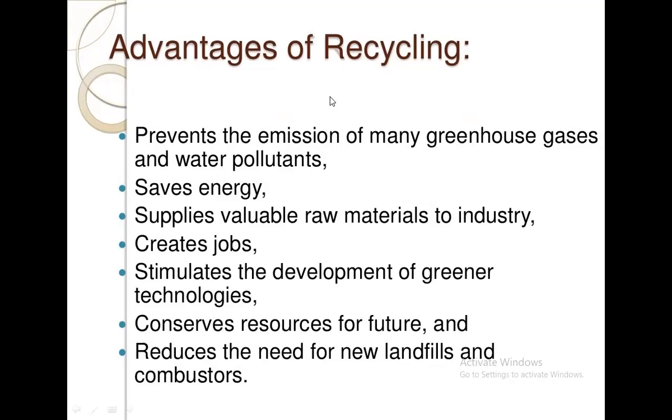After dumping of the waste into the container, it spreads many diseases, and also it is harmful to the environment. Sometimes it may emit greenhouse gases which are harmful to human beings, and if it is mixed with water, water pollution may occur. Water may be polluted.